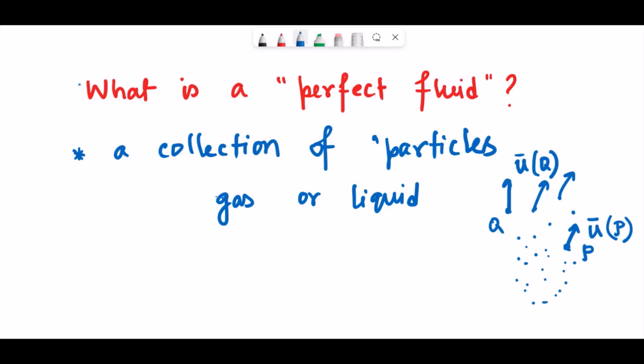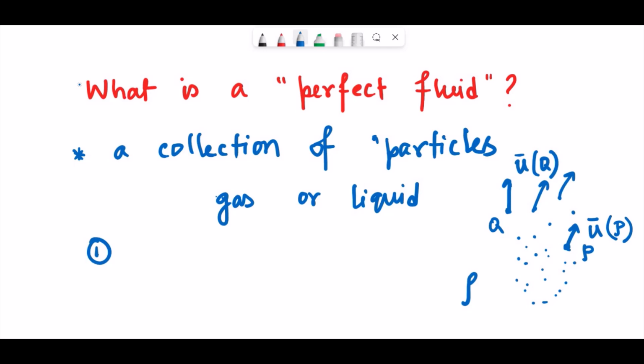Its mass energy density is going to be rho. That can also change from point to point, and this exerts a pressure. And if we look at the rest frame of any fluid element, that pressure is going to be isotropic.